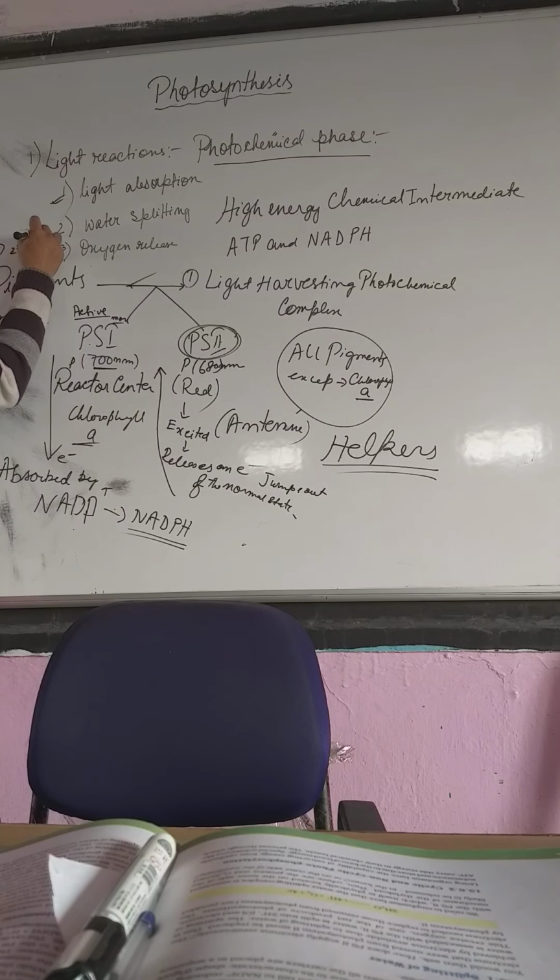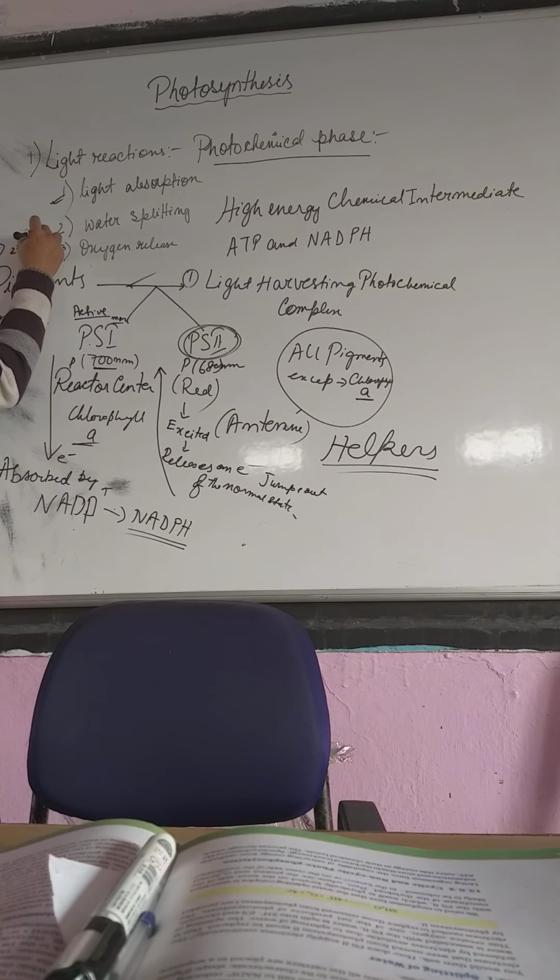The arrow upward means it releases, and it escapes the membrane and goes uphill through the electron transport chain system, and this electron is accepted by PS1. This absorbs 680 nm of wavelength and this absorbs 700 nm. Once it comes here, this also gets activated and again releases one electron.